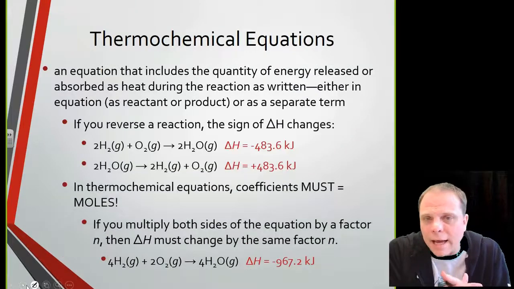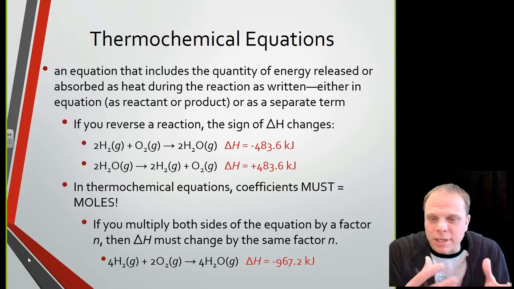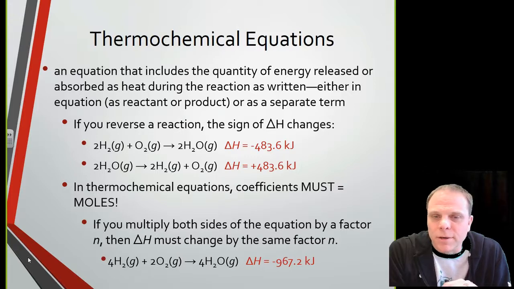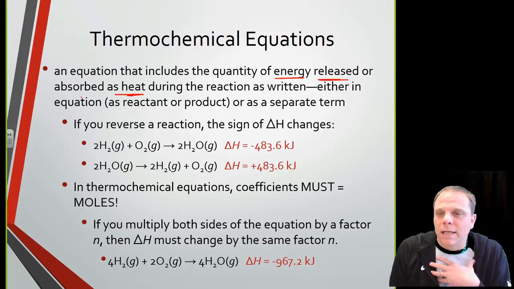Let's look at what a thermochemical equation would look like. We're seeing a chemical equation now, but we're putting some energy into it. The thermochemical equation has the heat, the energy released or absorbed as heat, written.